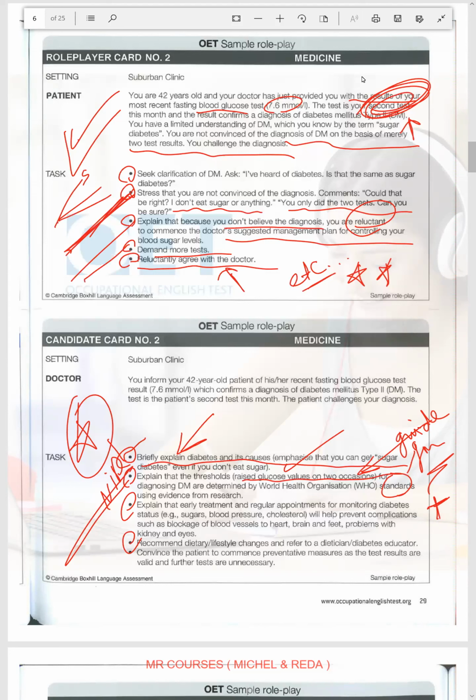But let me explain something: WHO guidelines state that after two raised blood glucose values, we confirm the diagnosis of diabetes. So we are sure, we are experts in diagnosing such diseases. This is the information.